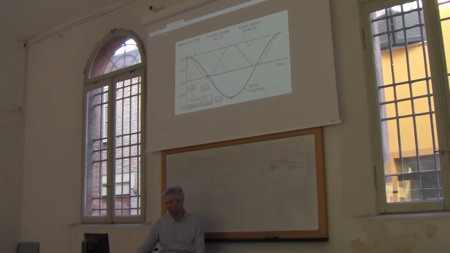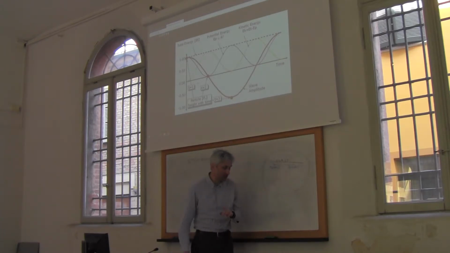Okay, so we have here a wave, it's the red line. The red line is the wave, and then there is the green line, which is the kinetic energy, and the blue line is the potential energy.